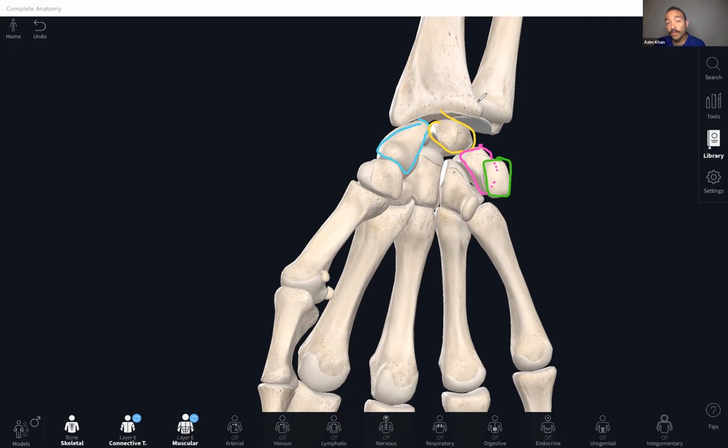This is our proximal row. I'm going to go from the blue to the green. The blue is the scaphoid. The yellow one, I'm blanking. The yellow one is the lunate. There we go.